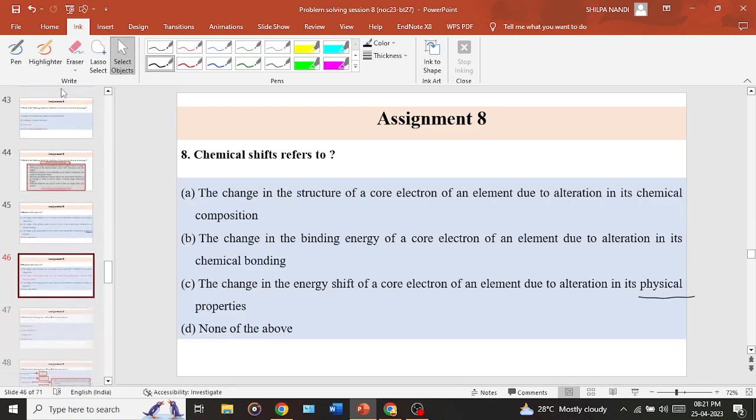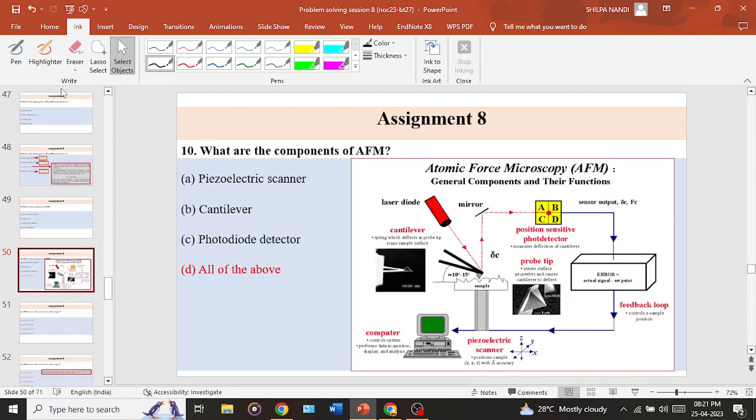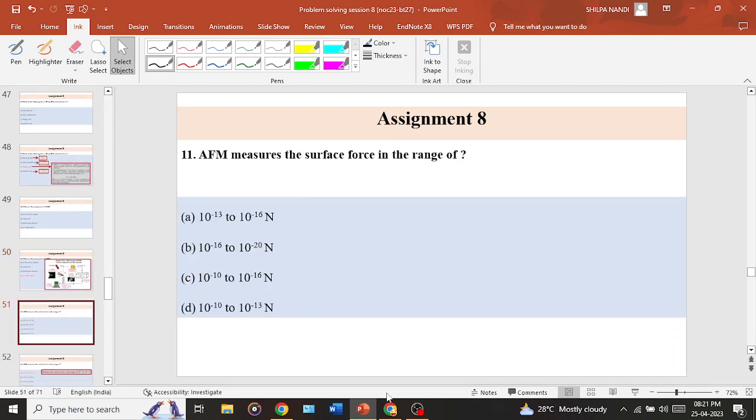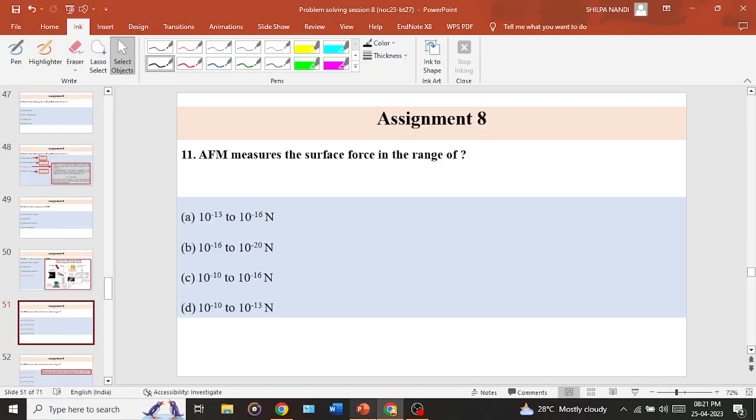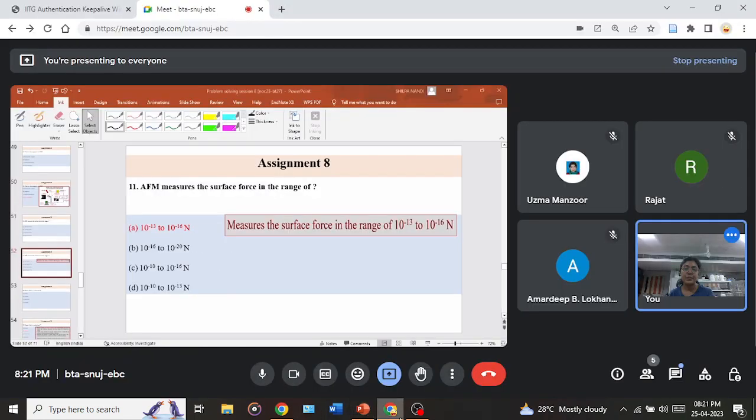We were in question number 11, right? So now you can answer. AFM measures the surface force in the range of, the correct answer would be option A, that is 10 to the power minus 13 to 10 to the power minus 16 Newton.